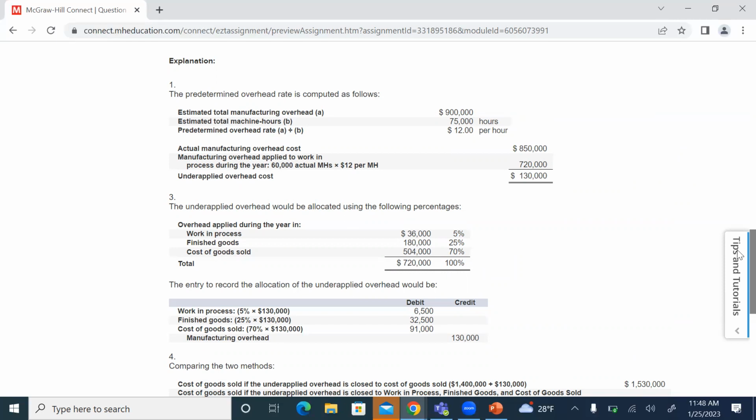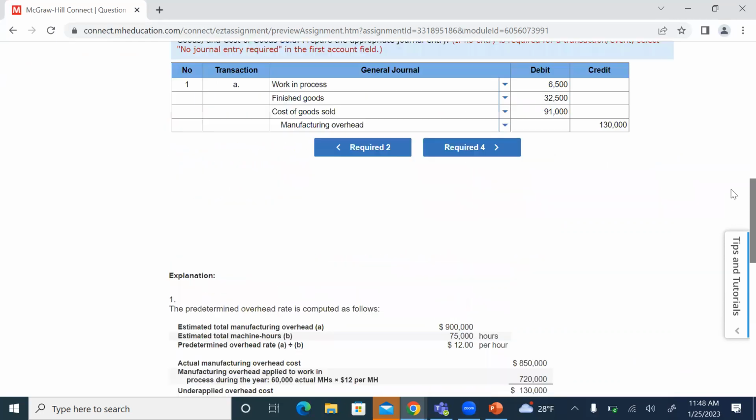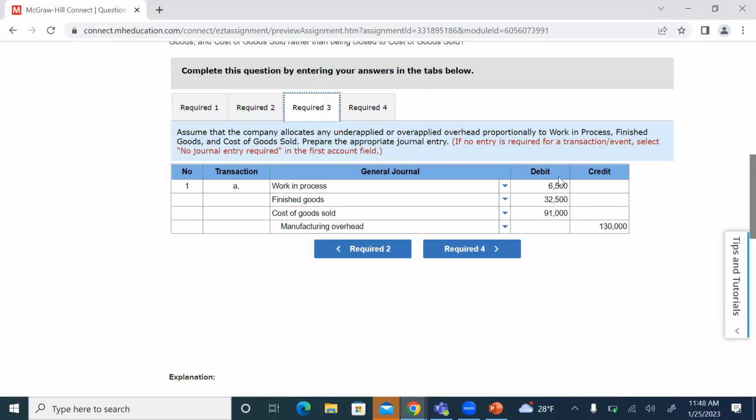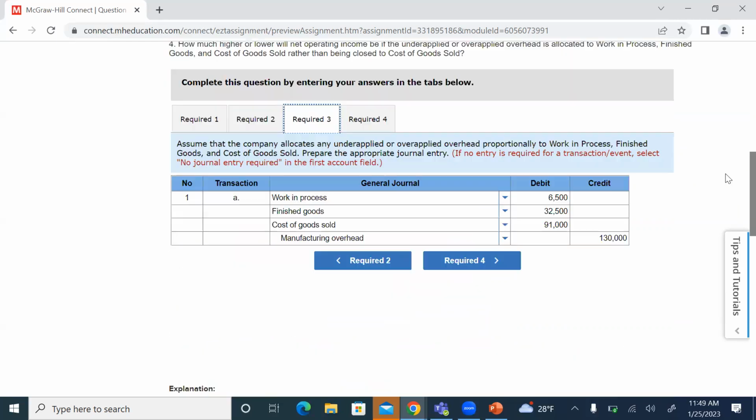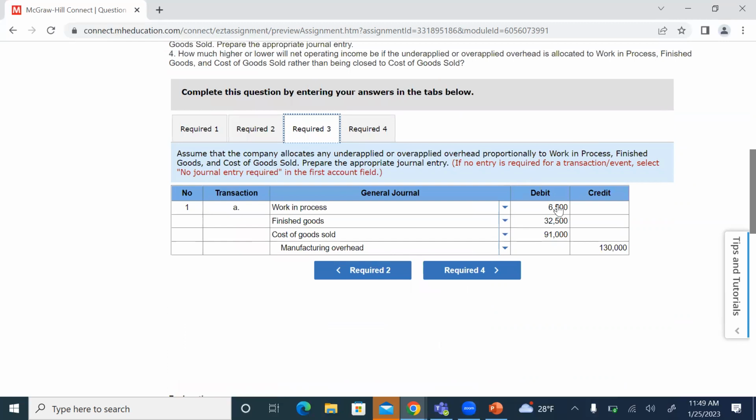Now we'll take that 130,000 times 5% work in process. This will be times 25% finished goods. And this amount, 70%, goes to cost of goods sold. So we allocate it accordingly. Does that make sense, guys? Okay. Next problem.